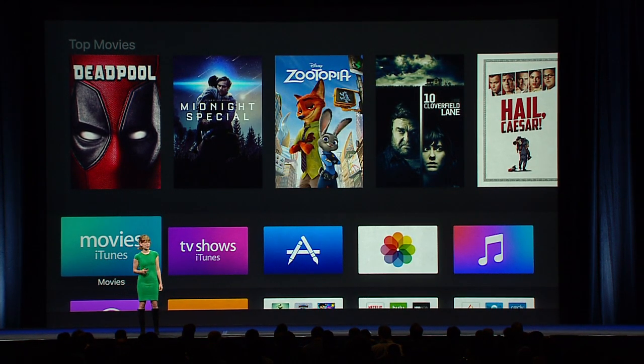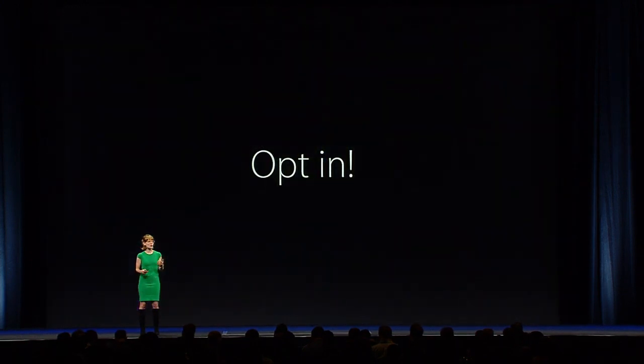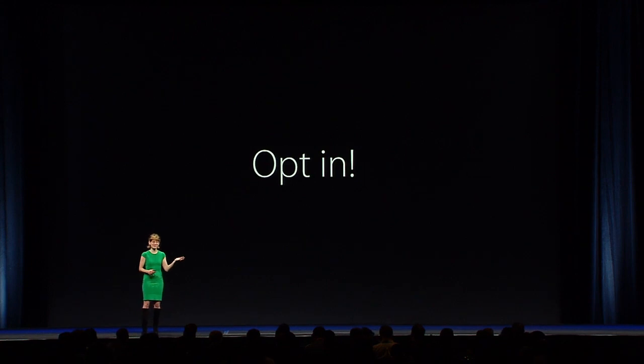So to support dark appearance, your app needs to opt in. And I encourage you to do so, because you've seen in this talk today how awesome it is. So opt in, and your app will respect people's preferences on how they wish to experience their TV in their own environment.